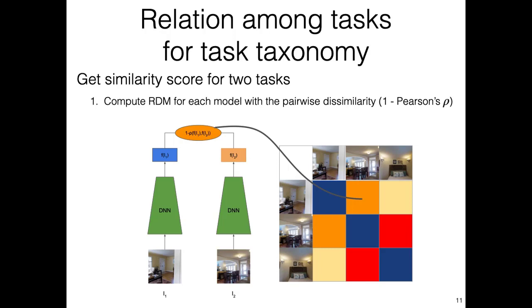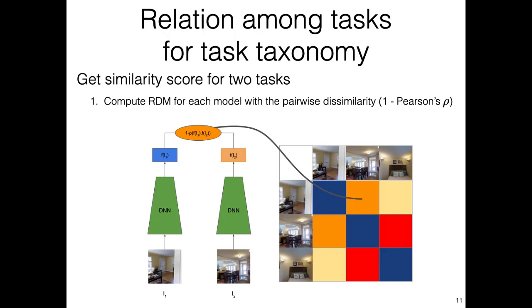So how can we get these similarity scores for two tasks? First we need to compute a representation dissimilarity matrix for each model with pairwise dissimilarity, which is 1 minus the Pearson's correlation. So for one model, you have a pair of images and you compute the representation that you can get from a particular layer, the output of a particular layer.